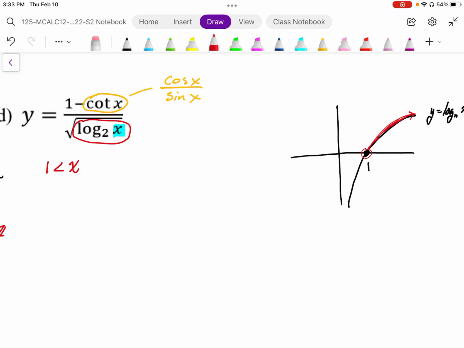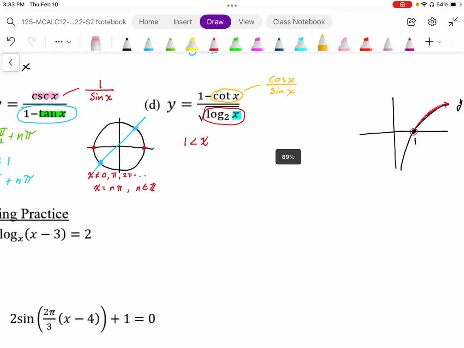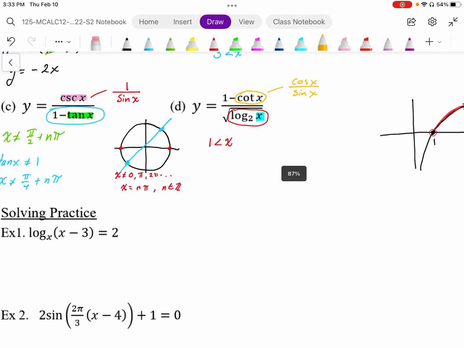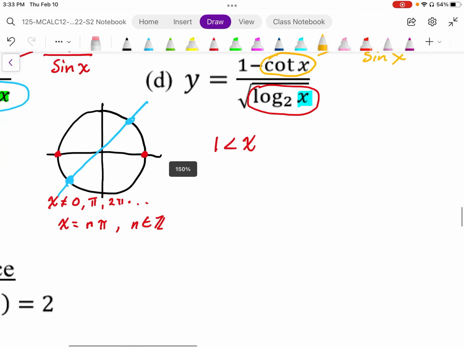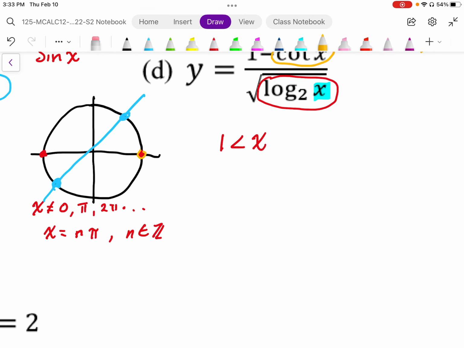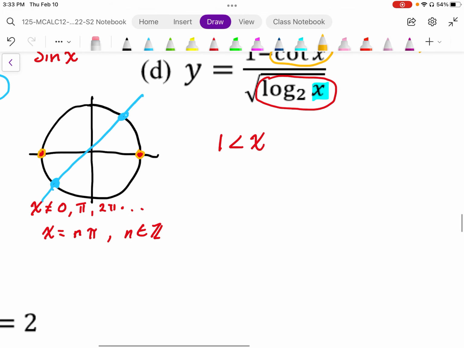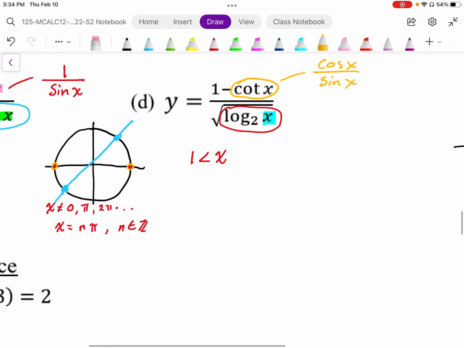So that's the restriction from the denominator. In the numerator, the cotan restriction was the same as sine. So if I take a look at my sine, it's in these two positions here. The cotan is restricted by saying that x cannot equal 0, pi, 2 pi, or n pi, where n is my integer value.